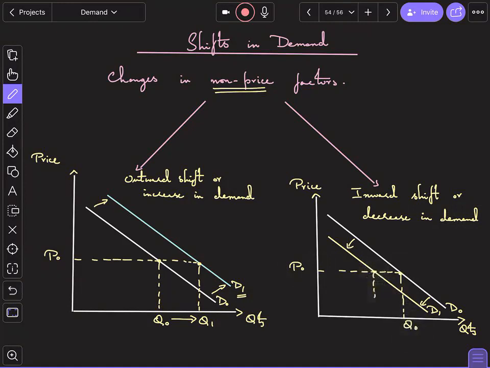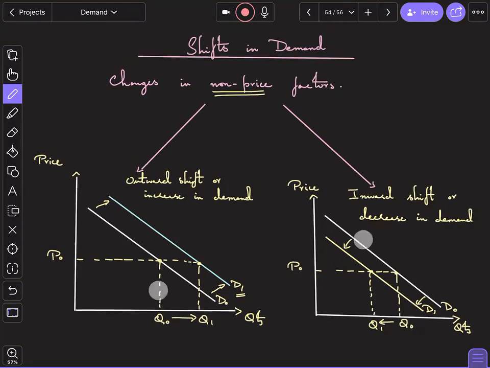And if there is an inward shift of the demand curve, they will demand less quantity at the same price. Now the price is not changing. Whenever there is a shift in the demand curve, the price of the product itself won't change. The price stays at P naught, which was the initial price. If the demand curve is increasing, more quantity will be demanded at the same price, and if it is shifting inwards, less quantity will be demanded at the same price.